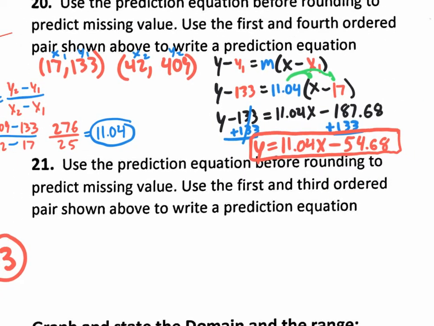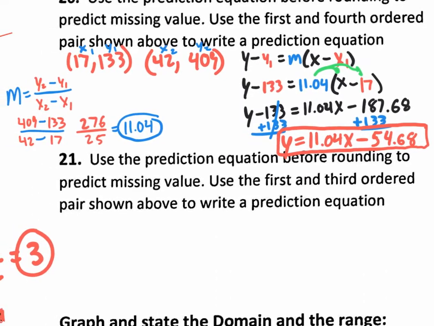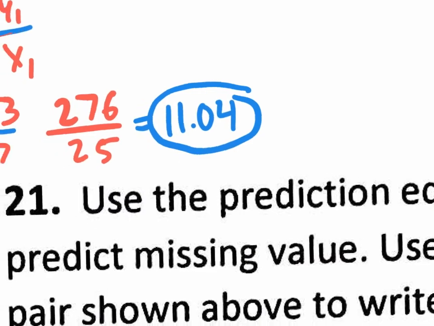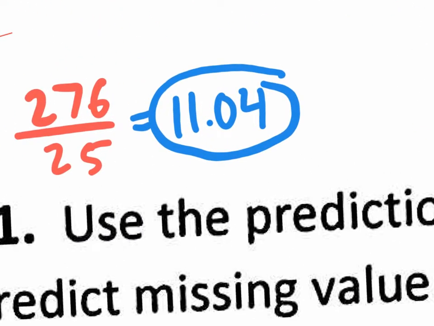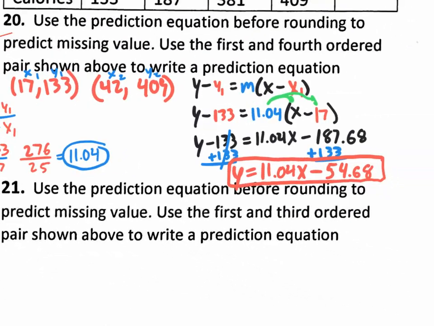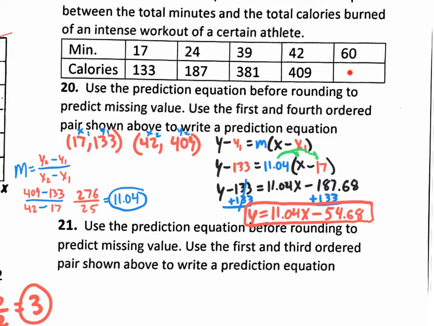I do want to say that I believe on the midterm, when we do the slope, this goes out 3 decimal places, and this might be like a 5, 6, or 7, which would change this up. So make sure you actually change that on the midterm itself. Anyway, that's our prediction equation, but how about that missing value?